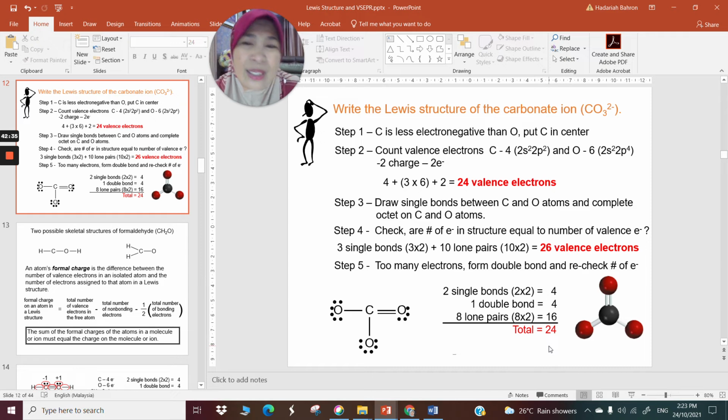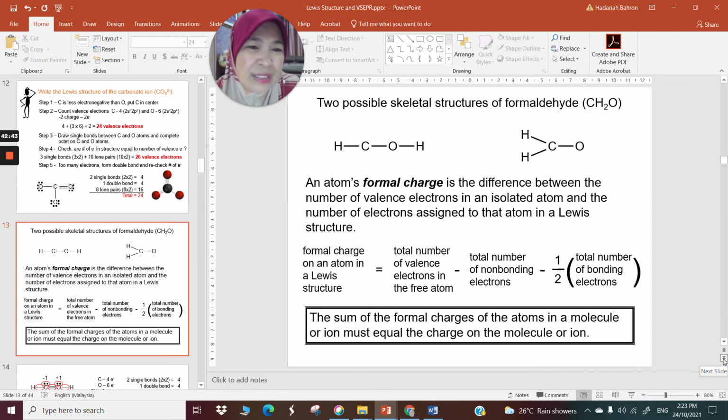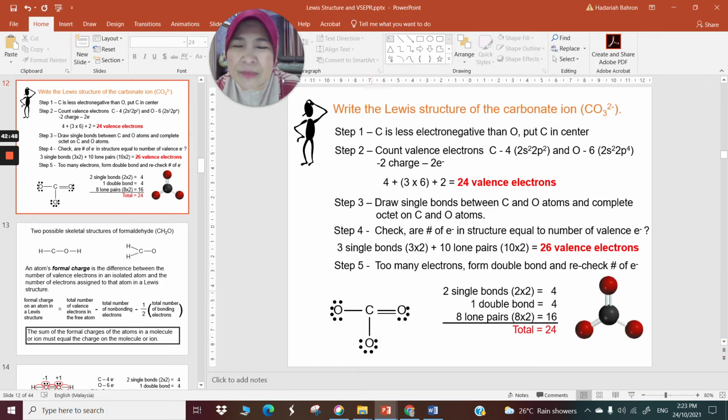If that is still not meeting your number of valence electrons, you need to do it a second time. I'm not going to give an example now, but you can do a practice exercise on nitrogen N2. Try to draw the Lewis structure for N2, nitrogen gas. And you're going to end up with the triple bond as I was explaining earlier. We're going to go through that later.